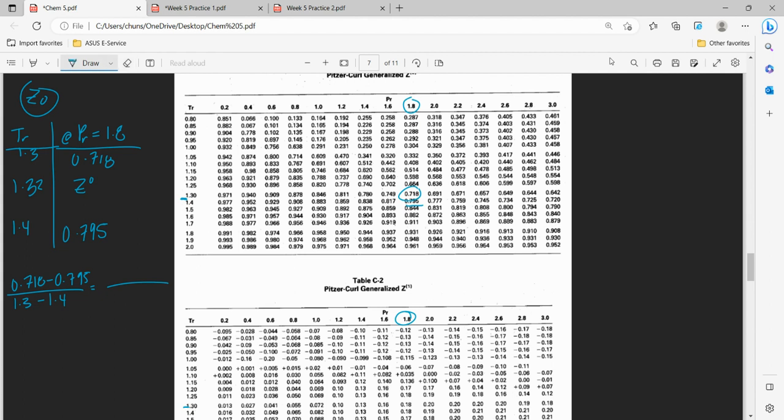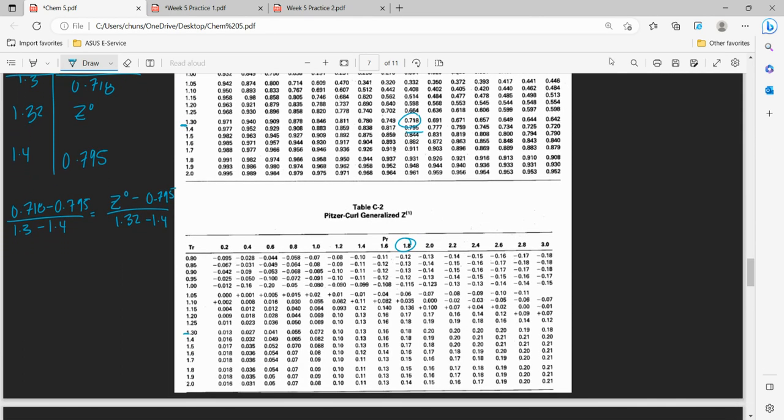This is equal to saying (Z - 0.795), so keep our second column on the top, over (1.32 - 1.4).